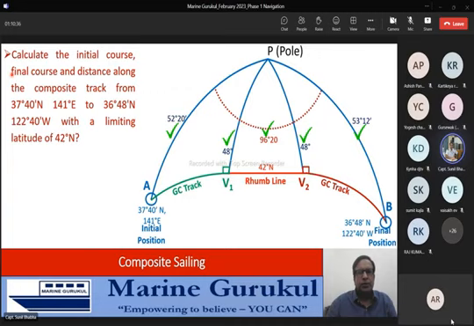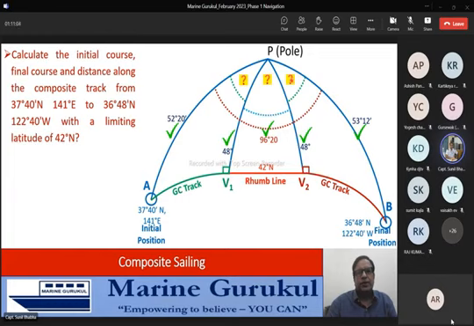And using the two right angle triangles, now let us also identify what all are we going to calculate. We can calculate this angle. This will be D long between meridian of A and meridian of V1, and that can help us in finding the longitude of V1, whose latitude is already known. We can calculate these angles also.